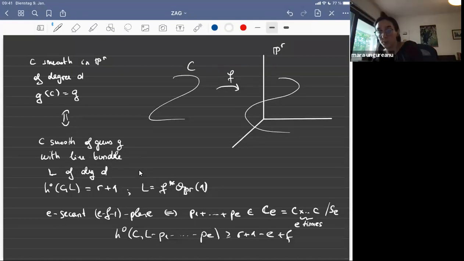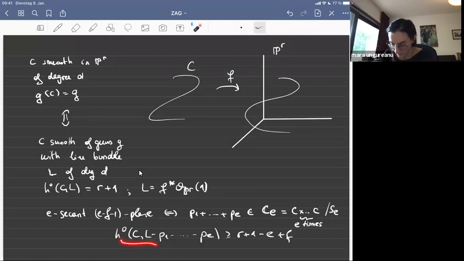So actually what this means geometrically is that this divisor that I had of degree e imposes at most e minus f conditions on my linear system. So these are the e minus f conditions being imposed. I have the sections that vanish at those points. And of course, h^0(L) is r plus 1. I impose at most e minus f conditions. Then this is what is going to come out when I do the arithmetic. Okay, so this is what it is.